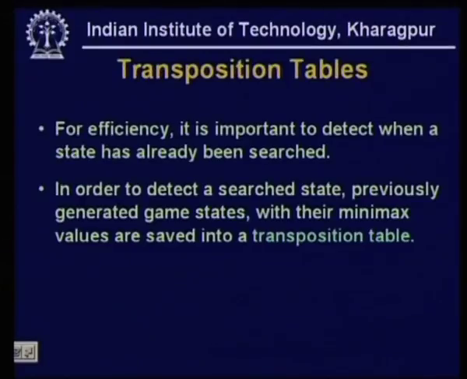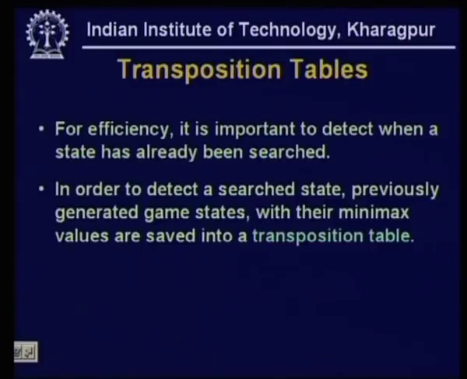Then there are certain other strategies that people have employed. For example, sometimes transposition tables are used. Some game trees, or game graphs, are more graph-like in nature, that is, there are many repeated positions. So, for efficiency, it is important to detect when a state has already been searched.